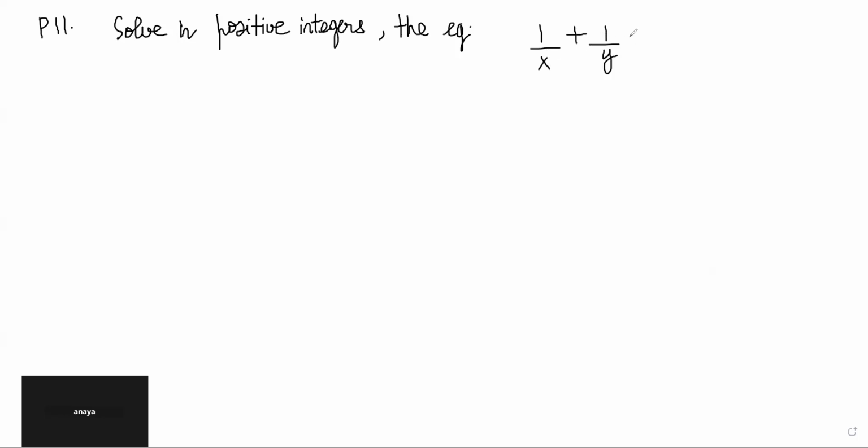Problem 11 then is solve in positive integers the equation 1 by x plus 1 by y is equal to 1 by 7. You need your answers to be positive integers.